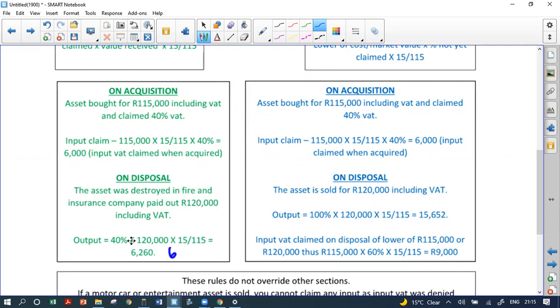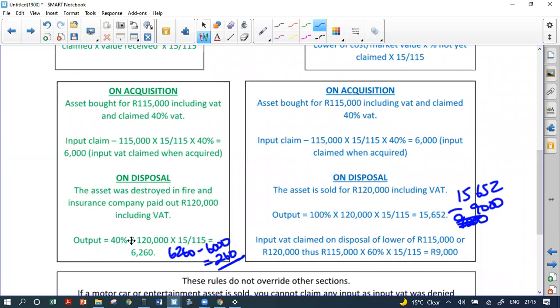The difference here is 6,260 minus 6,000, and there's only a 260 VAT difference. Over here, it's 15,652 minus the 9,000. Guys, there's a much bigger difference that's actually happening over there.